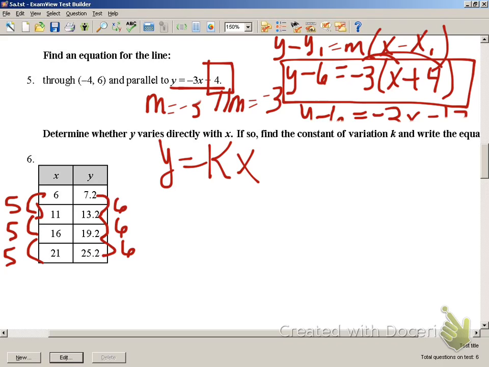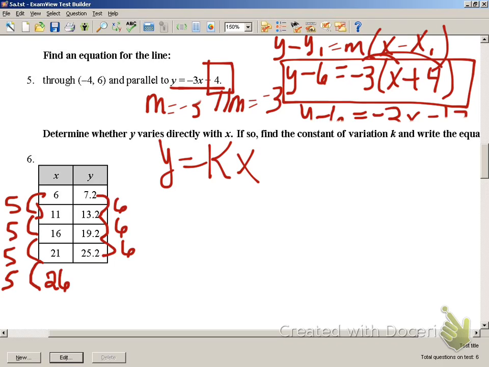We need to determine if it is a direct variation. Let's look at it this way: my next x value, if the pattern stays constant, would be 26. So we need to make sure our constant of variation yields the correct y value of 31.2. X is 26.